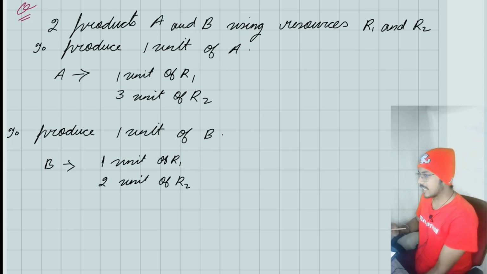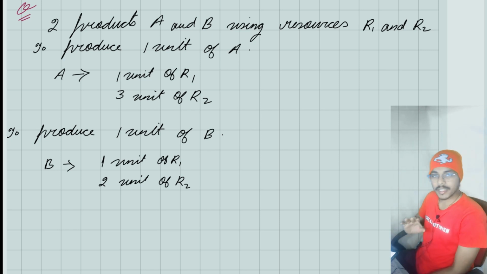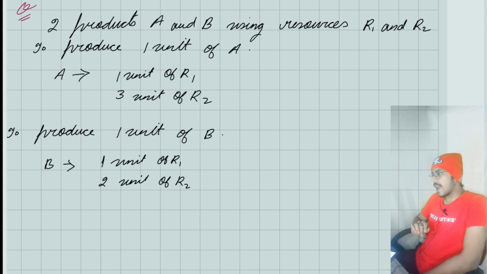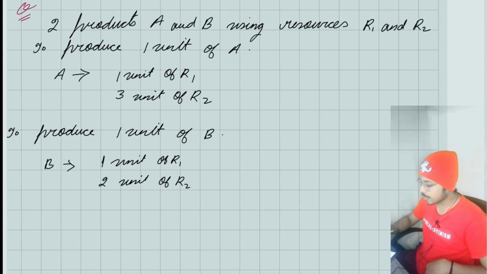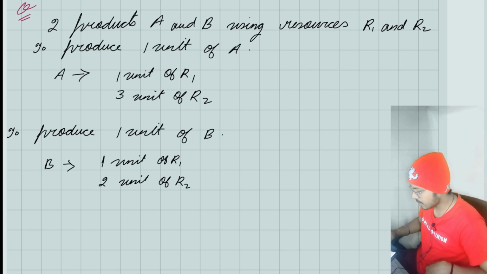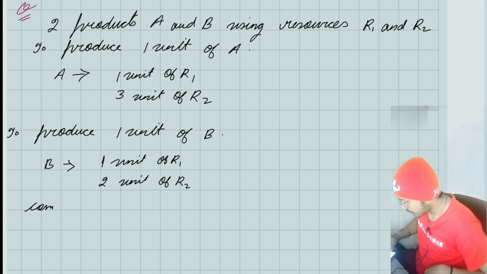So a company has 5 units of R1 and 12 units of R2. These are the total number of resources that are available in the company.